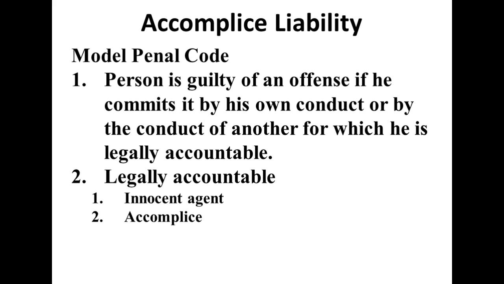And this will occur in two situations. One, where the actual perpetrator is an innocent agent, and the second, where they are an accomplice. The innocent agent essentially is where the perpetrator does the conduct but does not have the culpability to commit the offense.